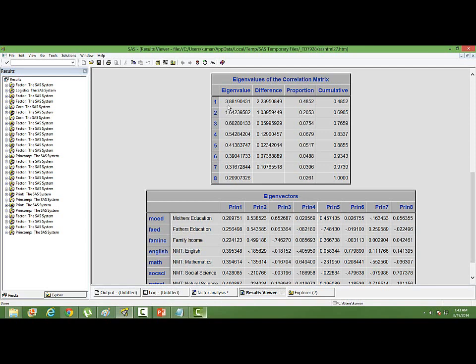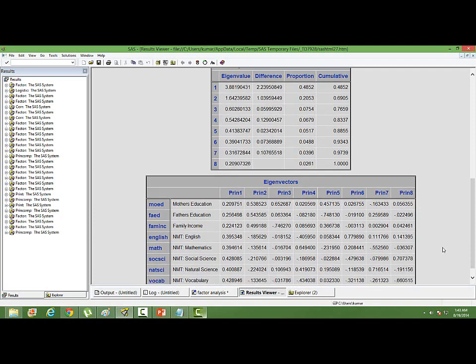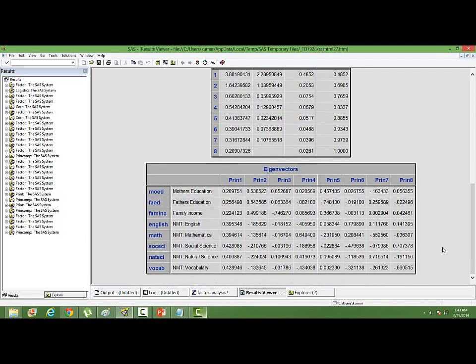So the best thing is to select the first two principal components. We will select only the first 2 principal components and based on that we will group the variables. So that is the way we do principal component analysis using proc princomp.